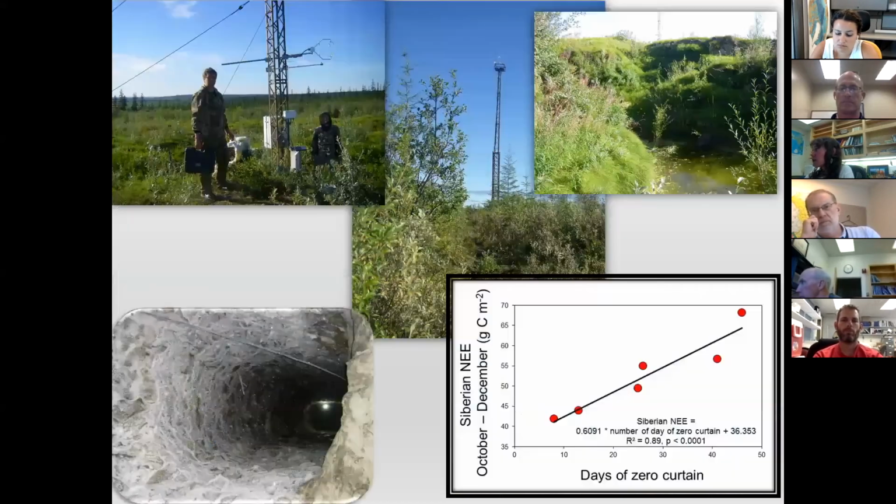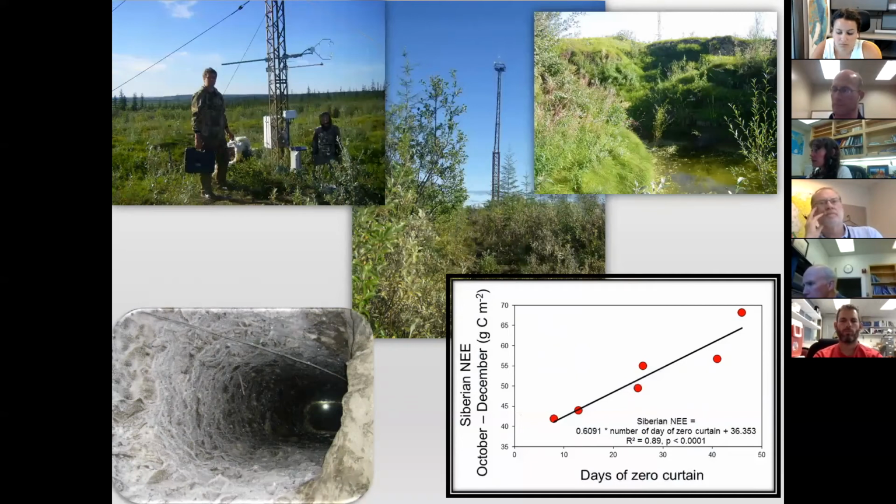And then this is over in Siberia, where we have two towers. We have this tall 40-meter tower in an ecotonal site that's located at the border between the boreal forest and the Arctic tundra. It's primarily a larch site with a lot of shrub cover as well.